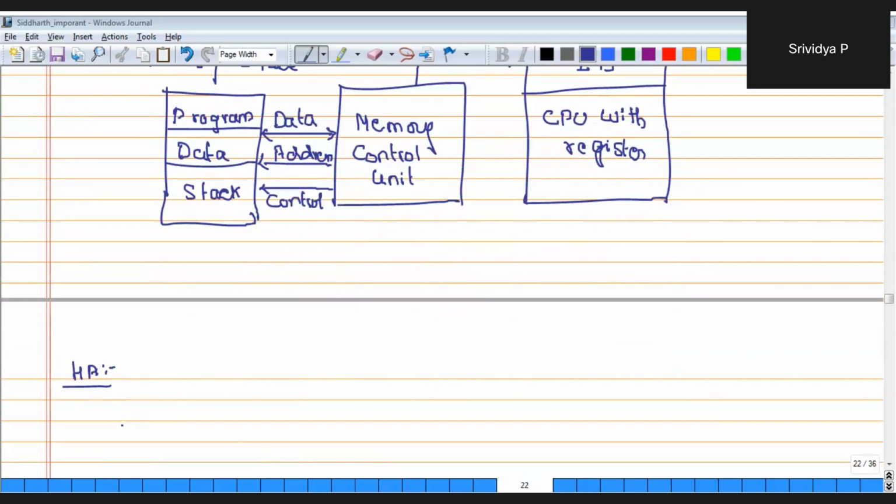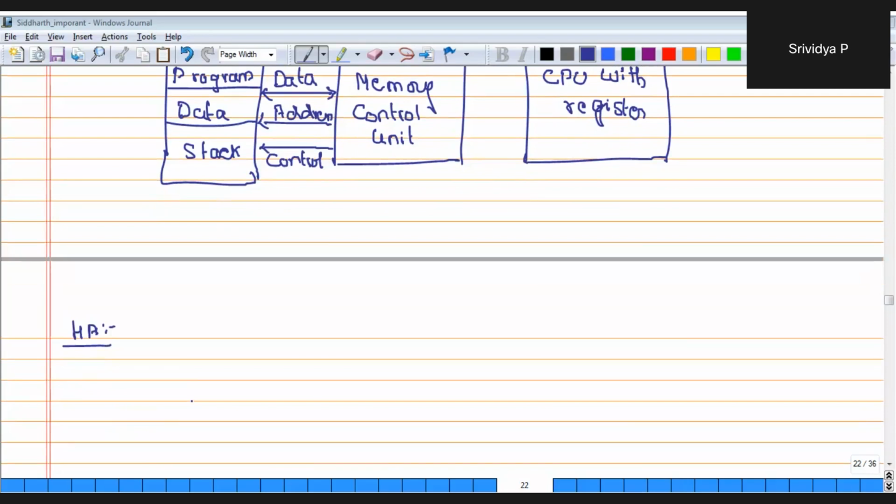The key features of Harvard architecture include that the CPU can read instructions and data at the same time, because we have two separate memories, one for data and one for the program. So both instructions as well as data can be fetched from memory and executed simultaneously. The electronic hardware circuit in Harvard architecture is more complex.